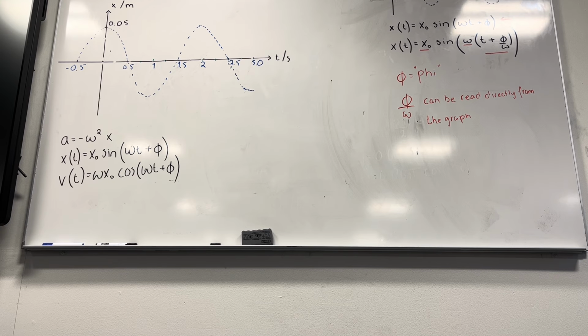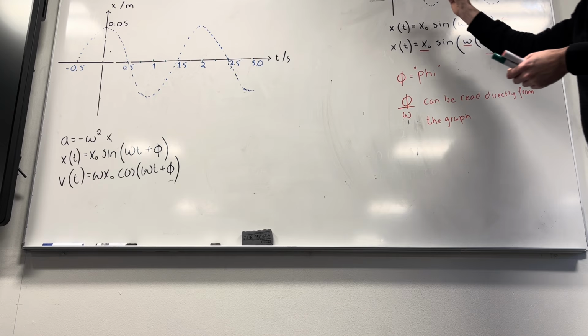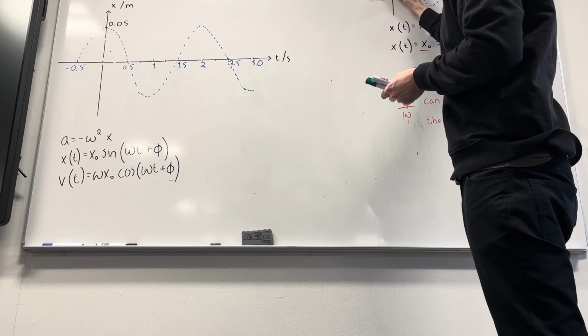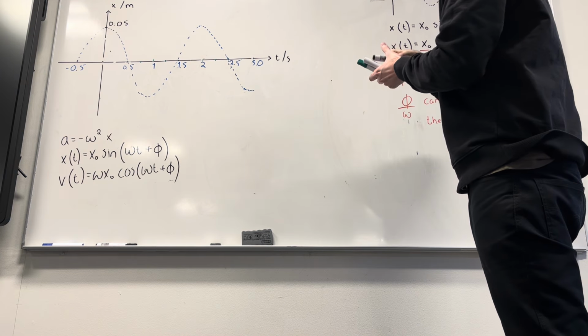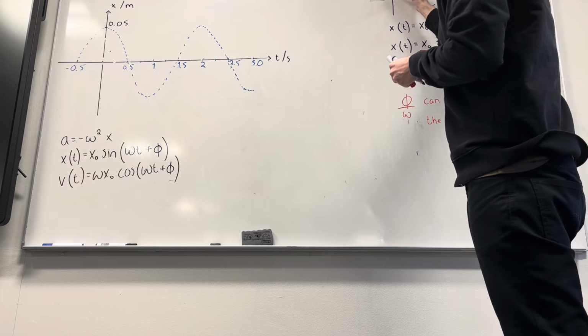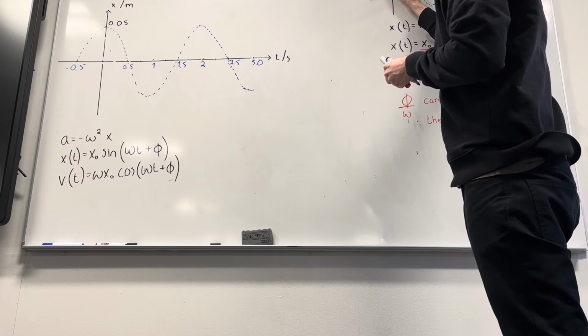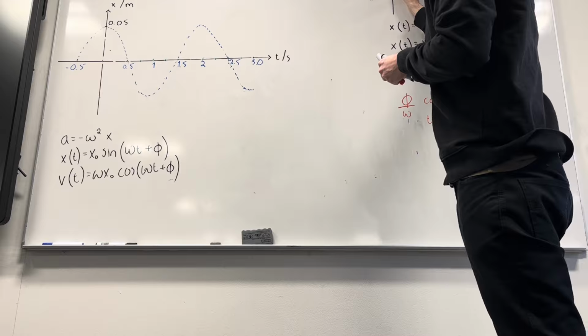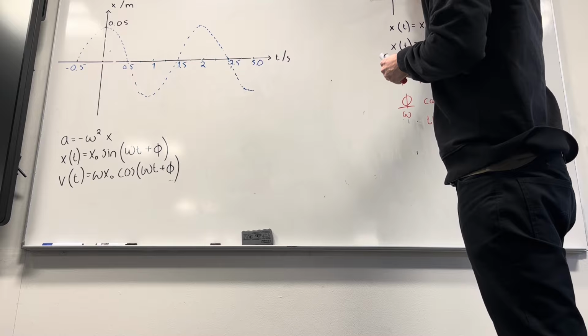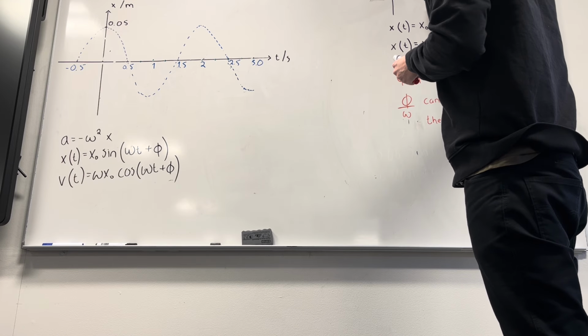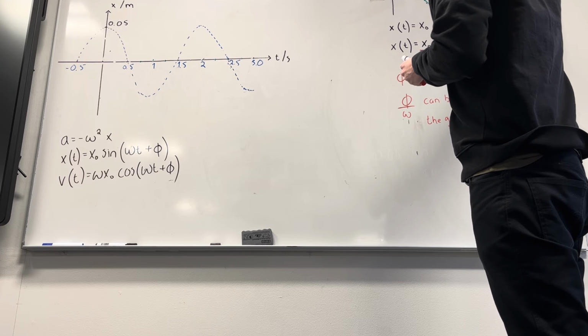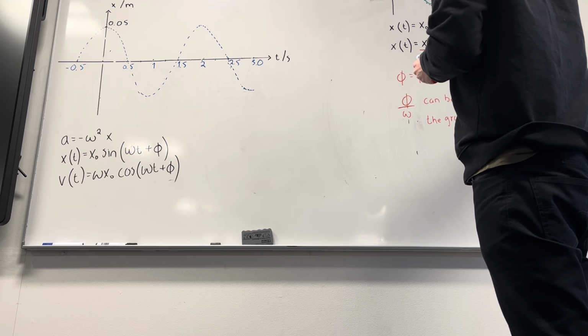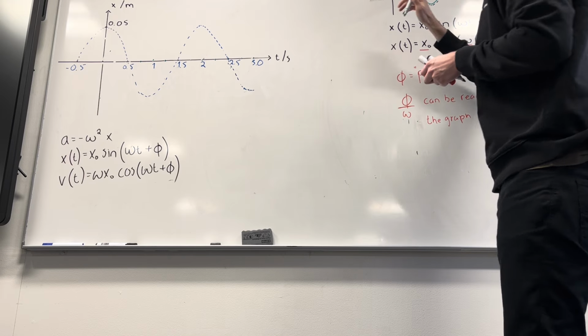There's one way I like to think about it. If I look at this part here, I start off at point A, which is a negative number. I don't care too much about that. But from A onwards, I get a sine function.